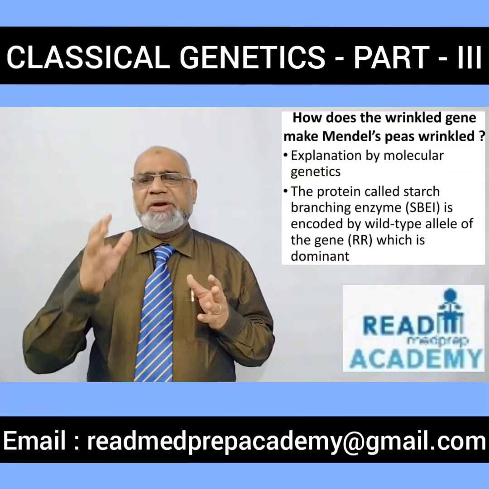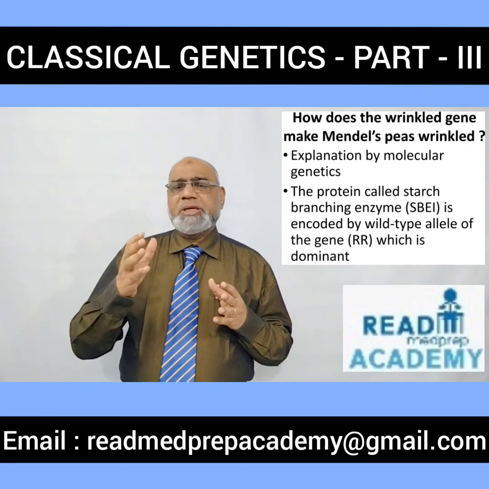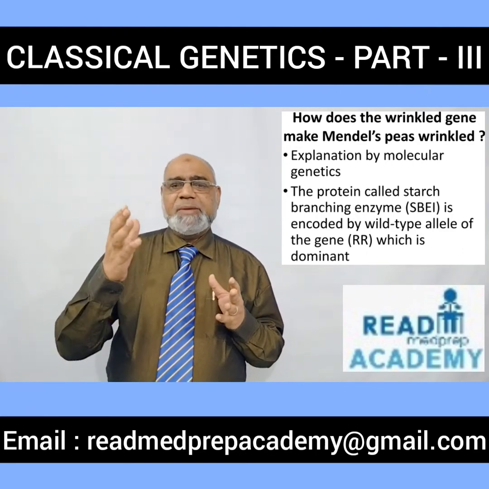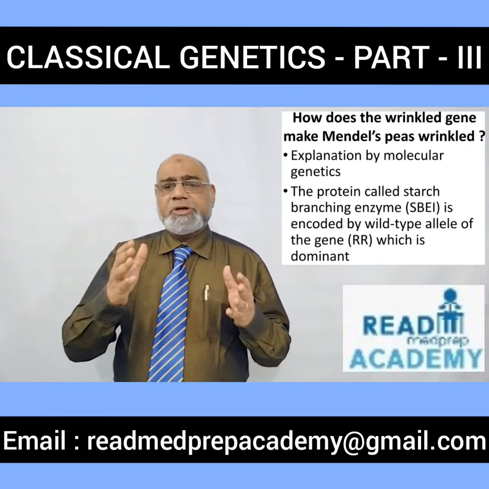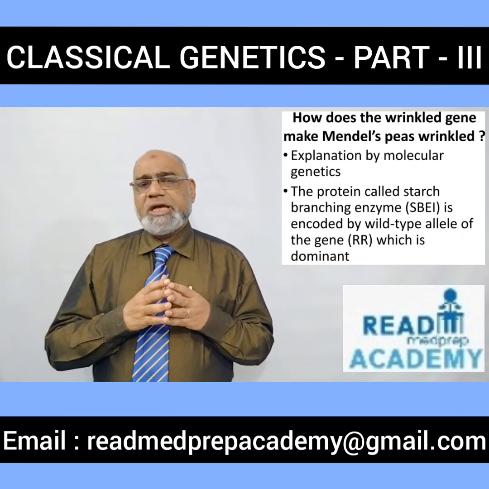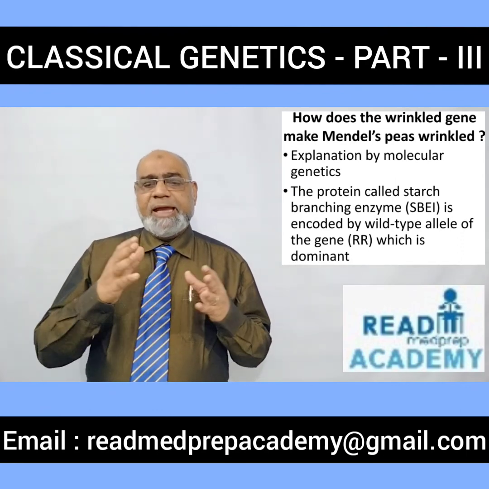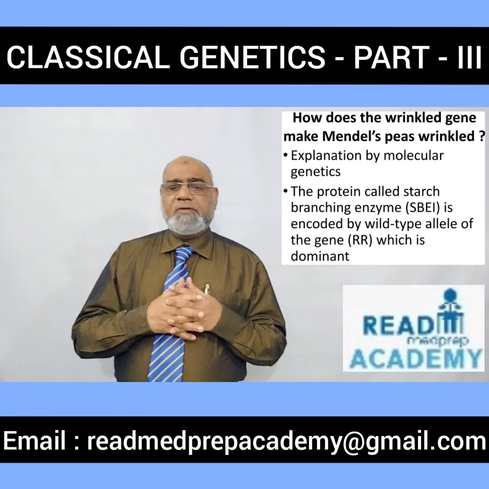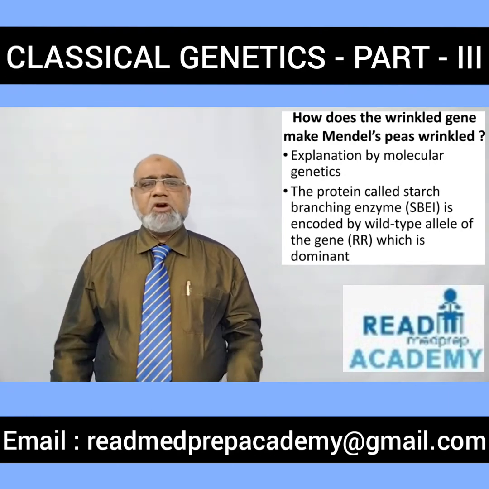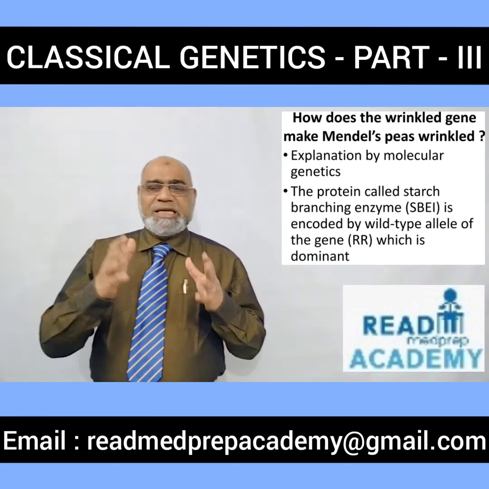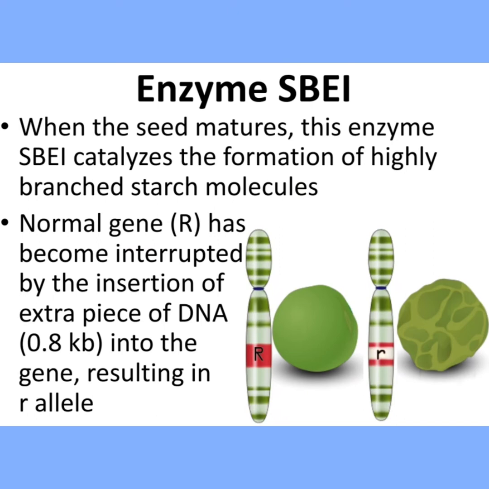Now, how does the wrinkled gene make Mendel's pea wrinkled? This is explained by molecular genetics. The protein called starch branching enzyme SBEI is encoded by the wild type allele of the gene, capital R, which is dominant. When the seed matures, this enzyme SBEI catalyzes the formation of highly branched starch molecules.